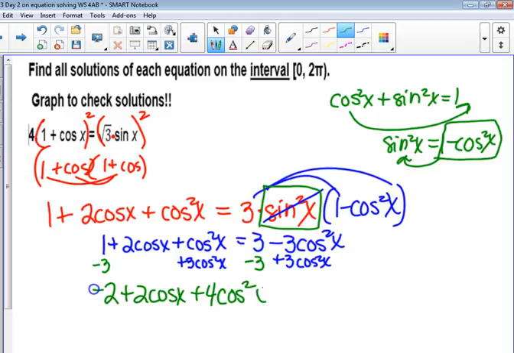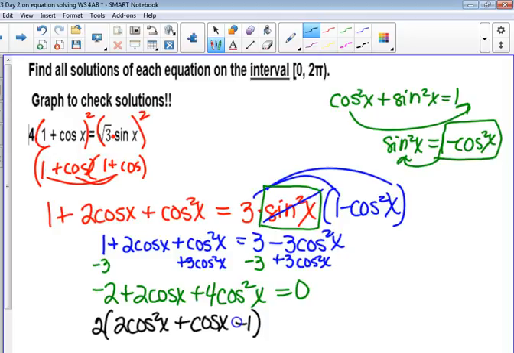I don't have mine in a nice order, but what I do notice is that I can factor out a 2. I'm also going to rearrange it. I'm going to put 2 cosine squared first, then the cosine, then the minus 1.